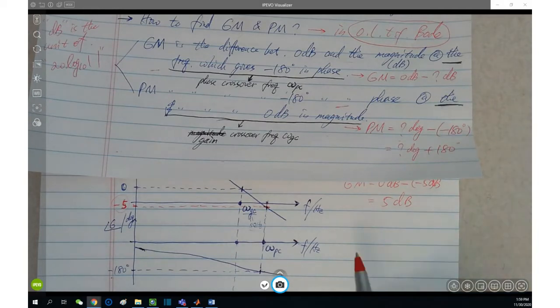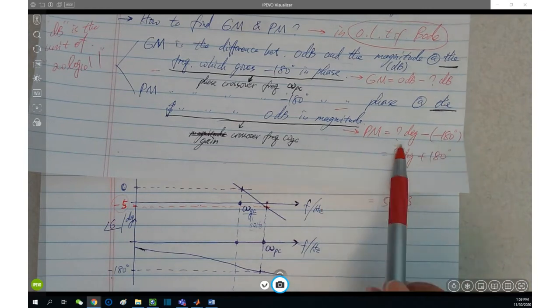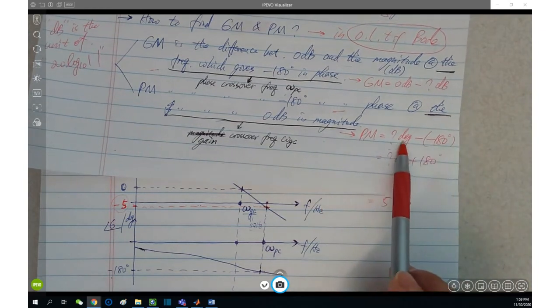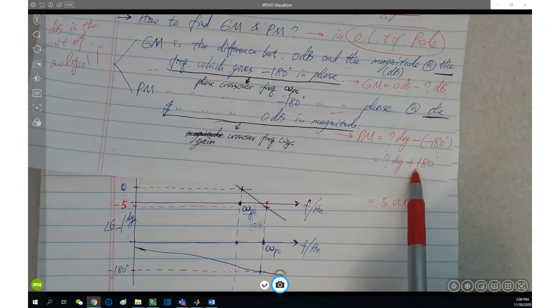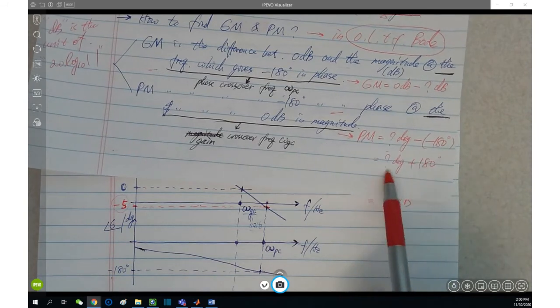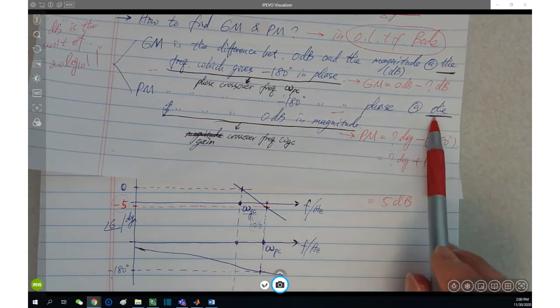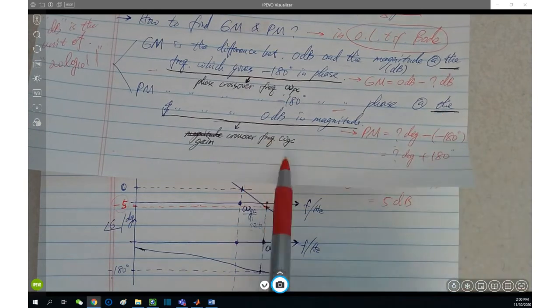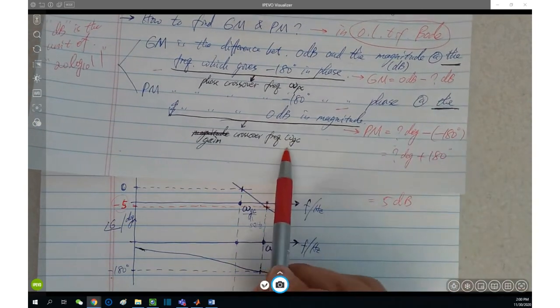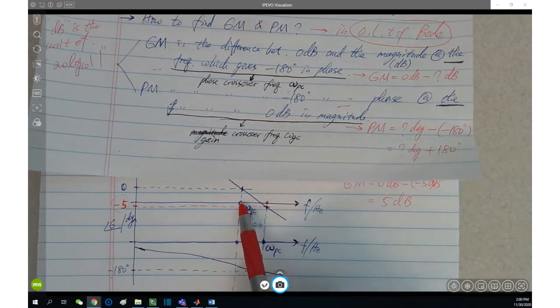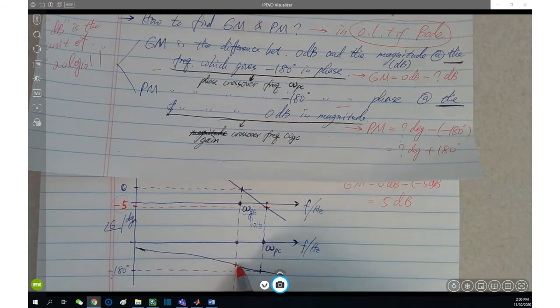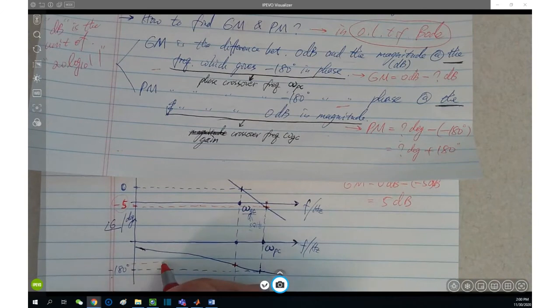Similarly, how to find the PM? The PM is equal to question degree plus 180 degrees, right? How to find this question? That question degree is at omega GC. Omega GC is already labeled here. And then find the phase, right? To find the phase, you go down to here, the intersection with here. And then you read the degree along the y-axis.